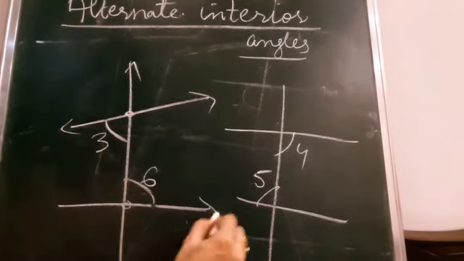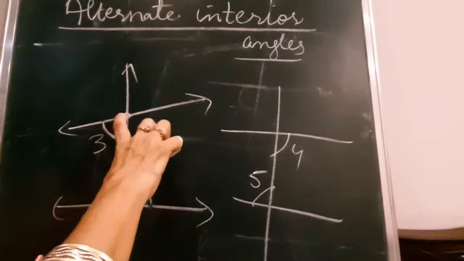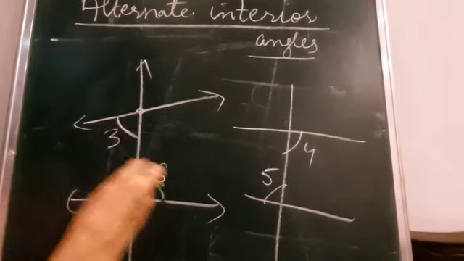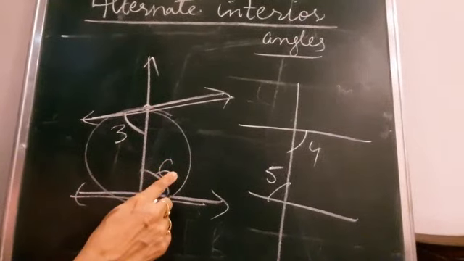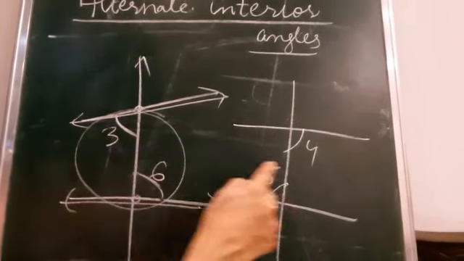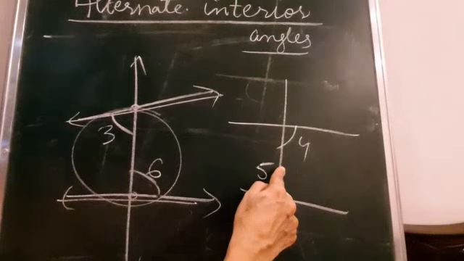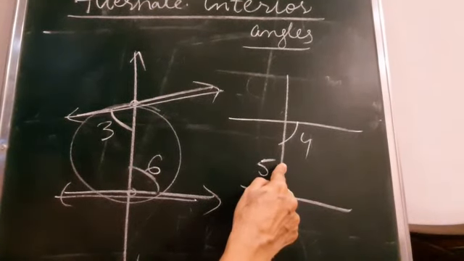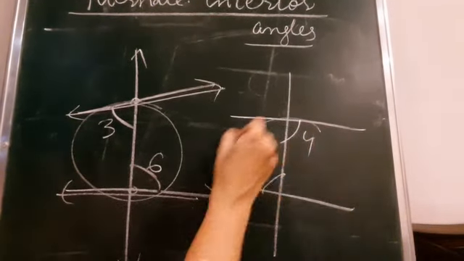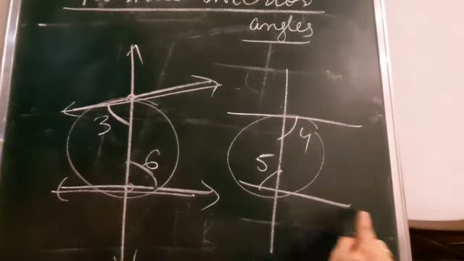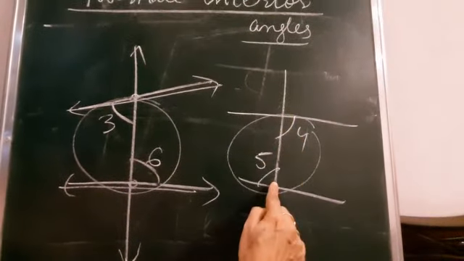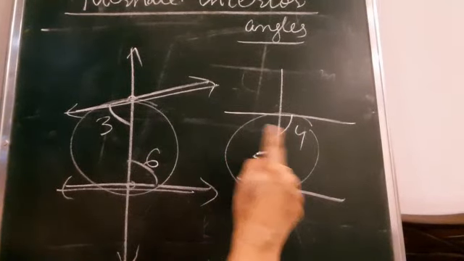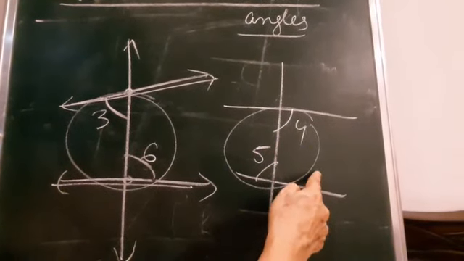These are two lines and they are between these two lines. So these are alternate interior angles. Here one more pair is also an alternate interior angle pair. These two angles lie between the two lines, have different vertices and are on the opposite side of transversal.